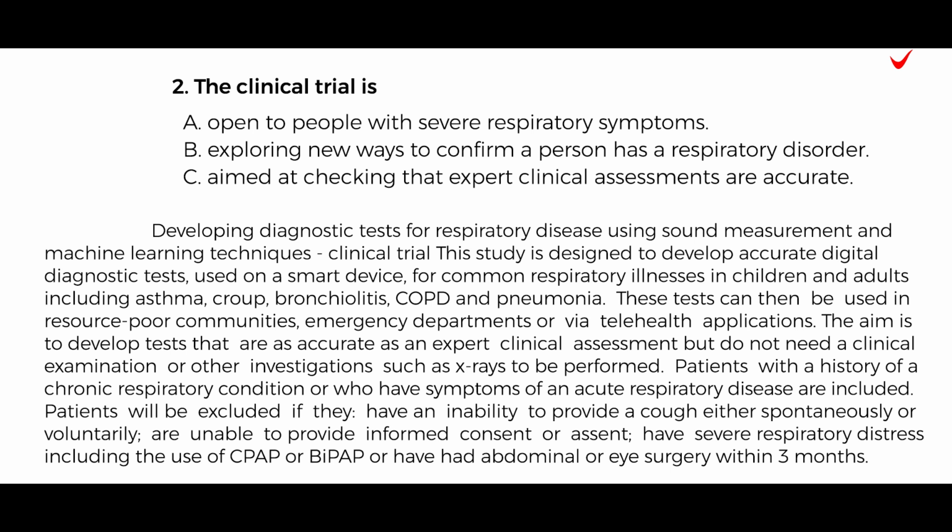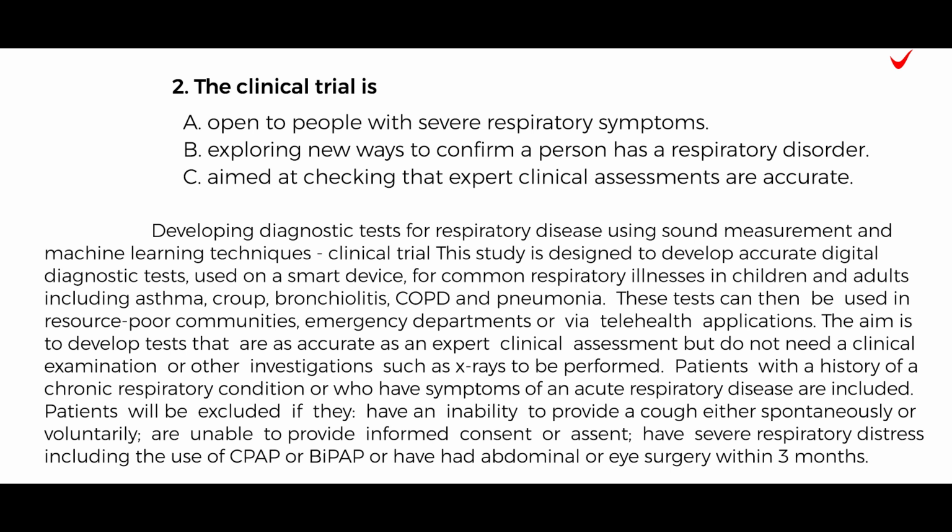The heading says, developing diagnostic tests for respiratory disease using sound measurement and machine learning techniques, clinical trial. This study is designed to develop accurate digital diagnostic tests used on smart device for common respiratory illness in children and adults including asthma, croup, bronchiolitis, COPD and pneumonia.